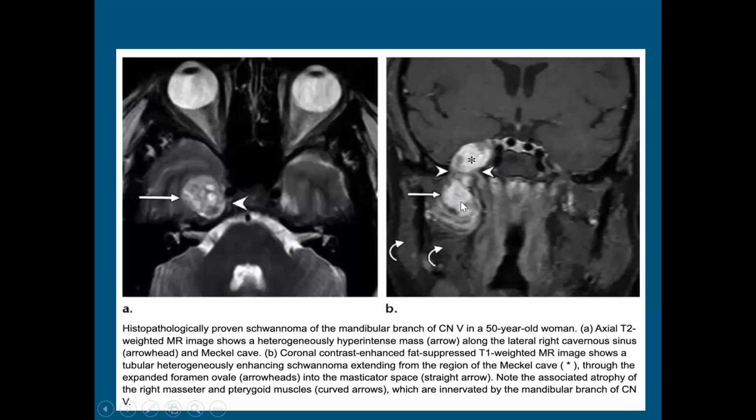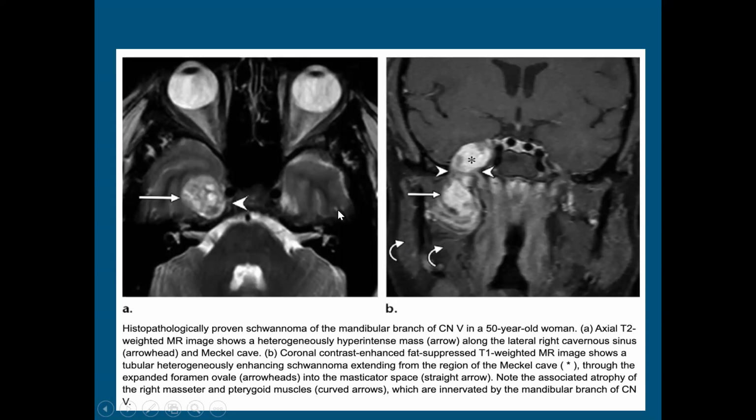And inferiorly, we can see the lesion is extending in the masticator space. So this is the entire extent of the lesion, in the masticator space, extending across the foramen ovale up to the level of the cavernous sinus. In addition, these curved arrowheads denote the atrophy of the masseter and the pterygoid muscles, because since this lesion is involving the nerve, there is secondary atrophy of these muscles.